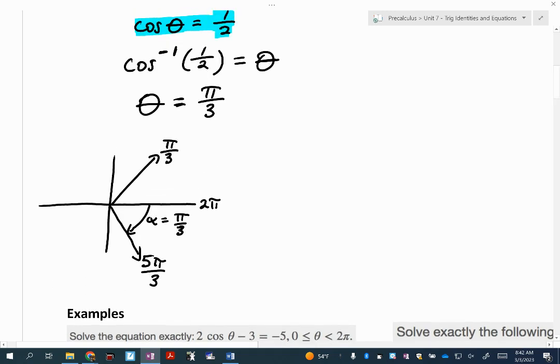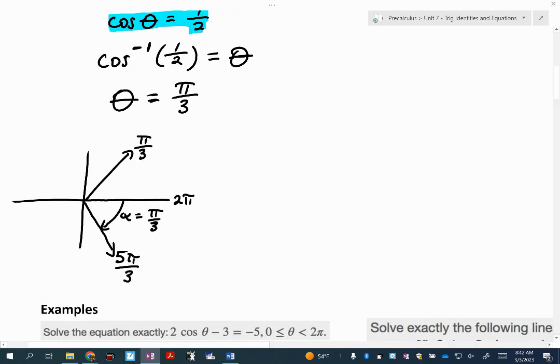These are the two solutions I'm going to write, but because we can keep going in a circle, in one revolution either direction, counterclockwise or clockwise, I'm going to put plus or minus 2 pi k, where k is how many rotations you want. If you want k to be 1, you're going around one time.